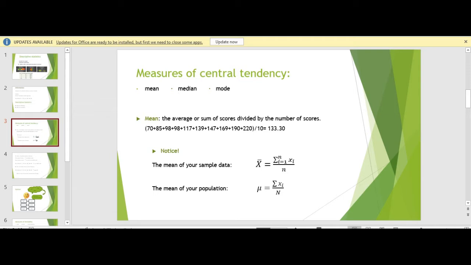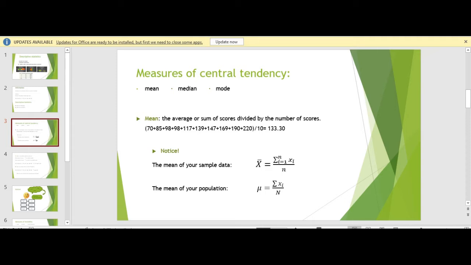In our example, we add 70 plus 85 plus 98 plus 98 plus 117 plus 139 plus 147 plus 169 plus 190 and plus 220, and then divide them by 10, which gives us 133.3, which is our mean.